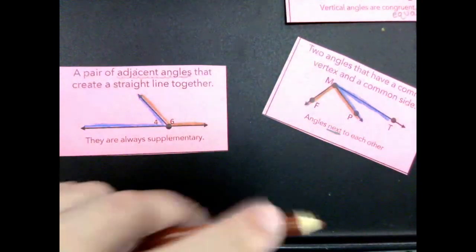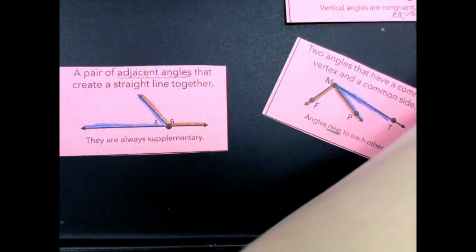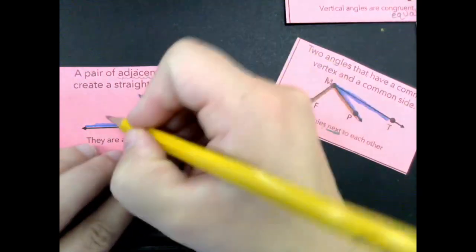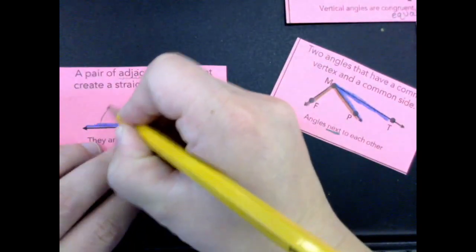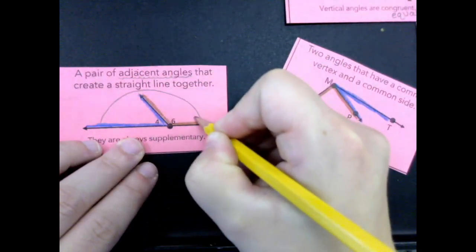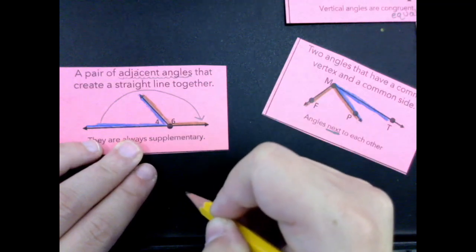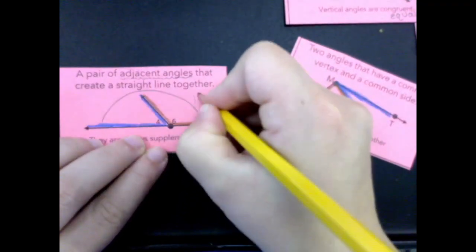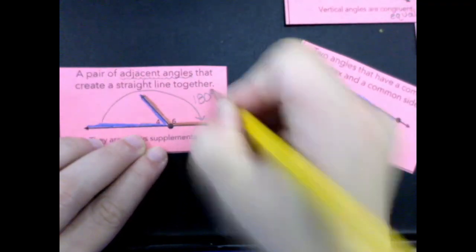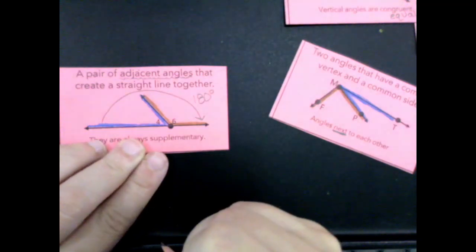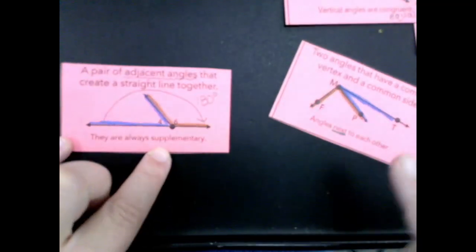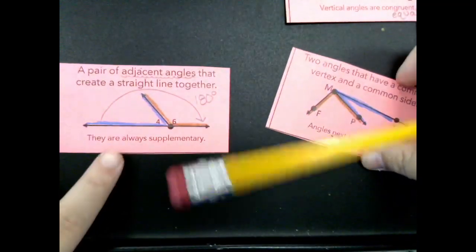Okay? And when we talk about a straight line, how many degrees is a straight line? Does anyone remember? 180. Good. So as I go from one side to the other side, all the way across, that's our 180 degrees. Whoops. And we were probably supposed to do the word supplementary before we did this one, but that's okay. And they're always supplementary.